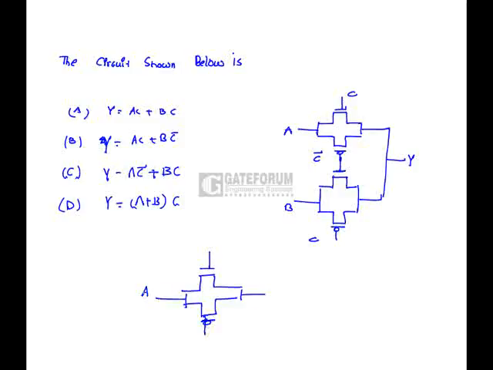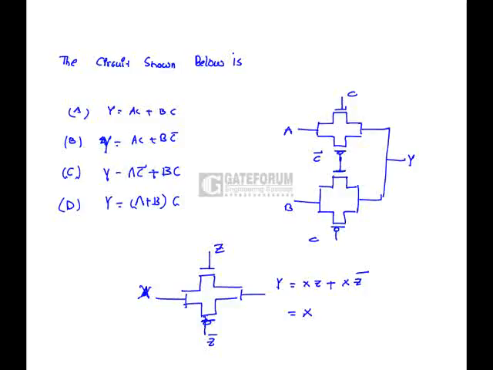Suppose this is X, this is Z, this is Y, this is Z. Means the output expression is going to be XZ plus XZ bar, which is nothing but X. Means if Z equals 0, this is going to be turned on. If Z equals 1, the NMOS is going to be turned on.